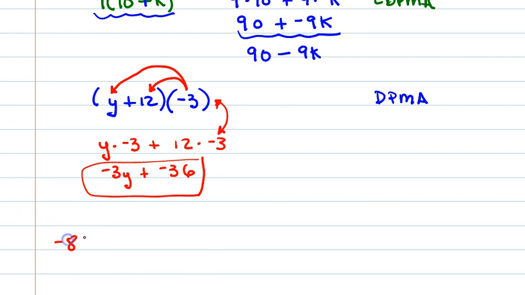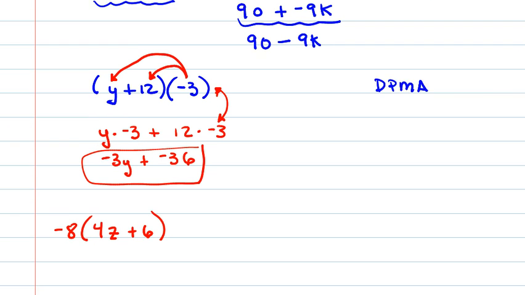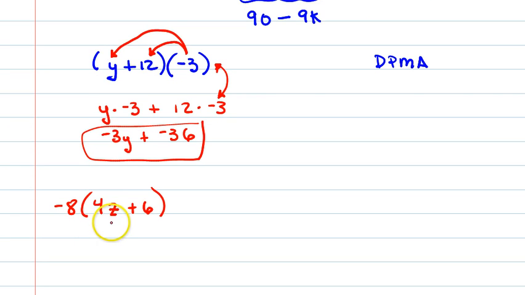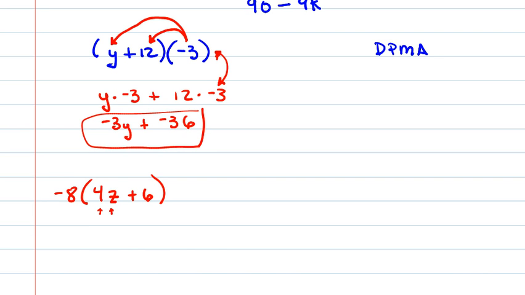Let's do one more problem. Negative 8 times 4z plus 6. Now this one's different because we have a variable with a number. So this is like its own little multiplication problem. So how would we do this problem?